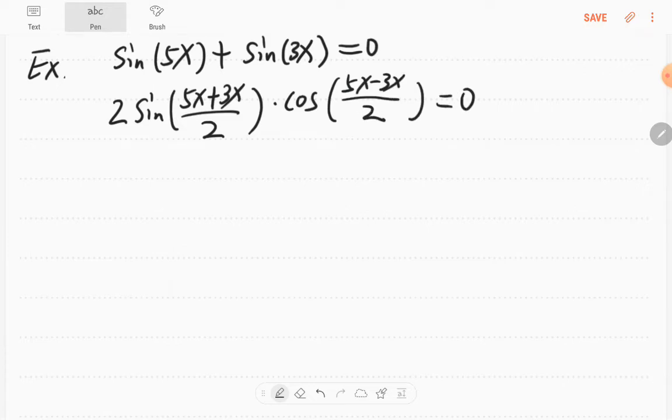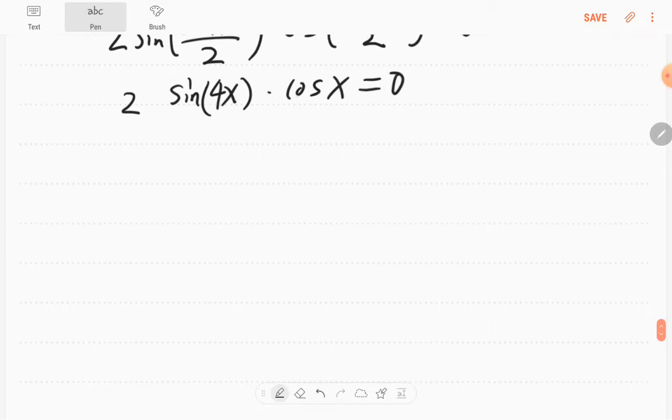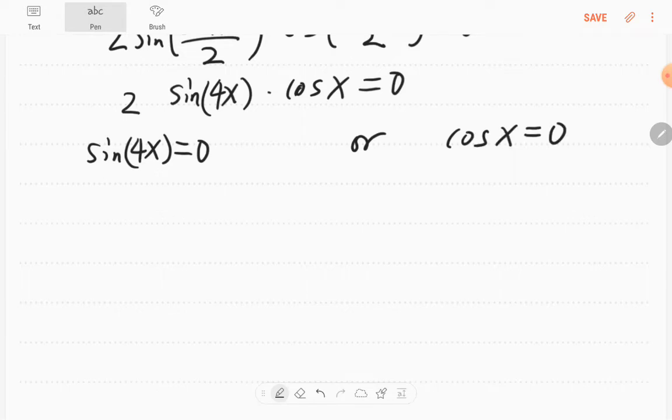So you have 2 sine 4x times cosine x equals 0. Okay, so now it tells you that sine 4x should be equal to 0 or cosine x is equal to 0.